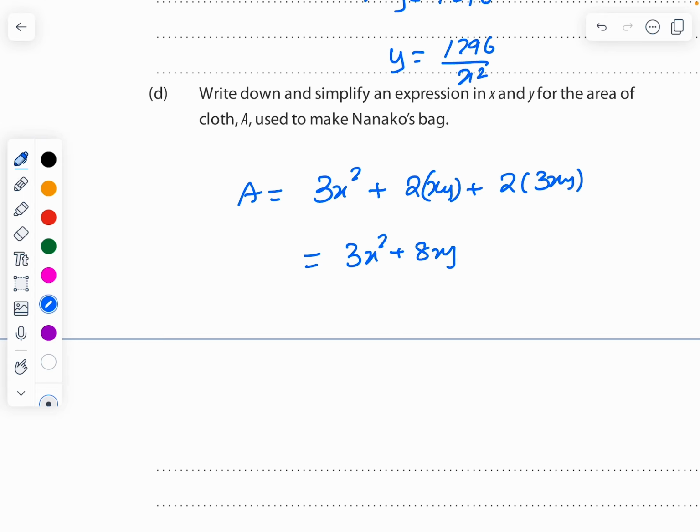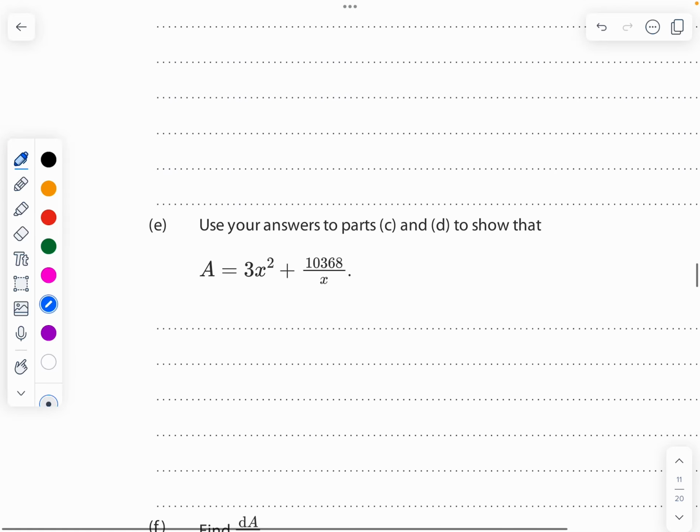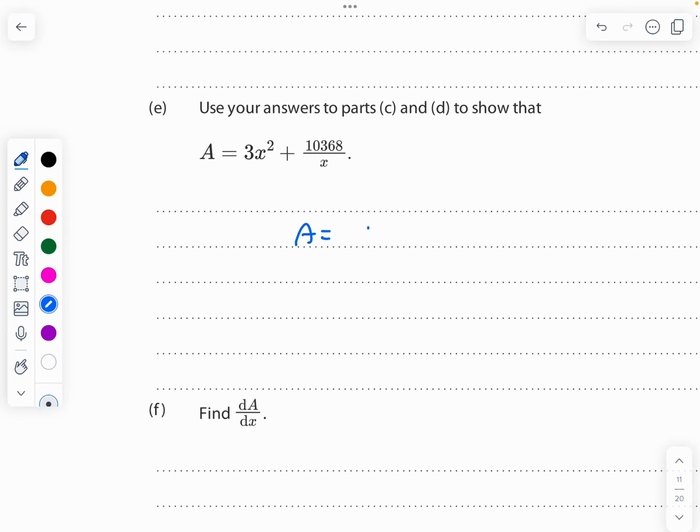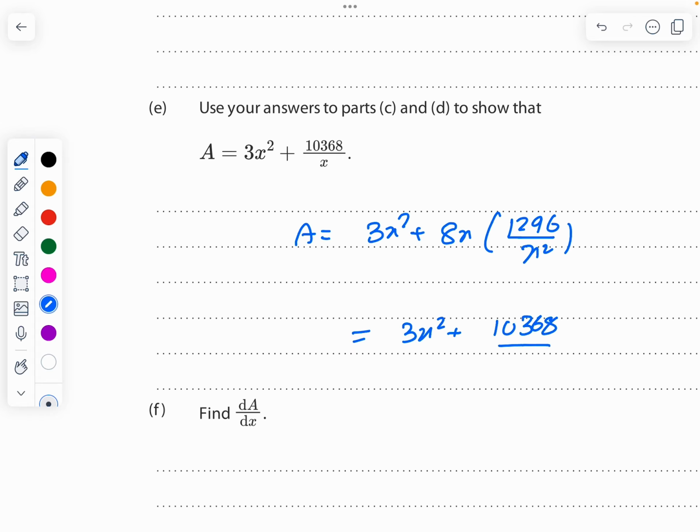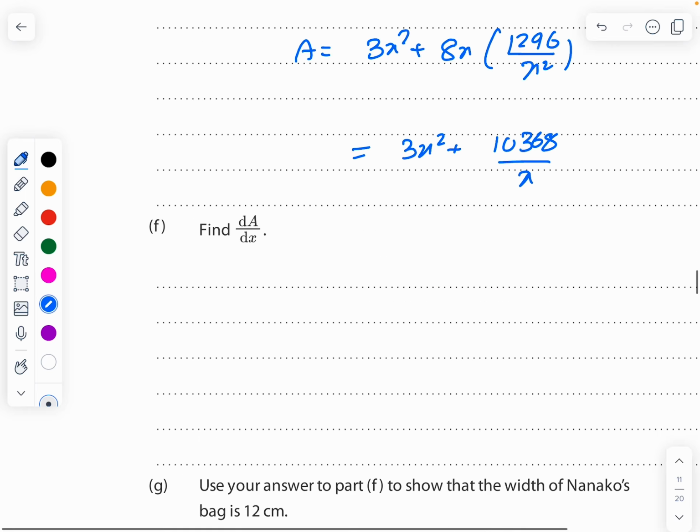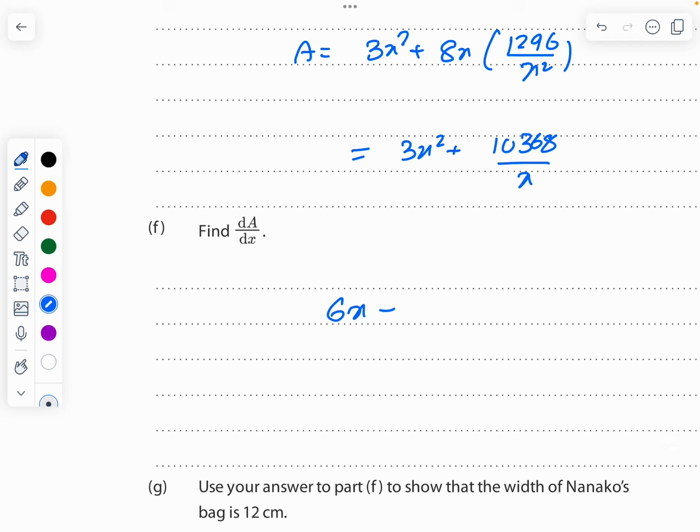Next, use your answers in part C and B to show that the area equals 3x squared plus 8x times y, which is 1296 divided by x squared. Simplify that, and you should get 3x squared plus 10368 divided by x. Find dA by dx. dA by dx will become 6x minus 10368 divided by x squared.